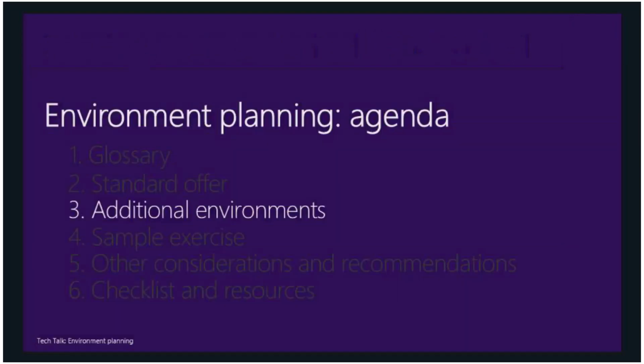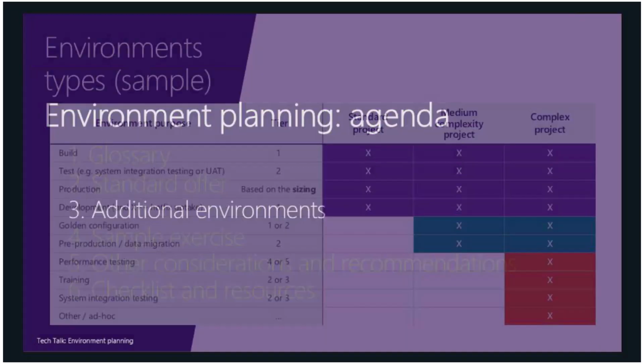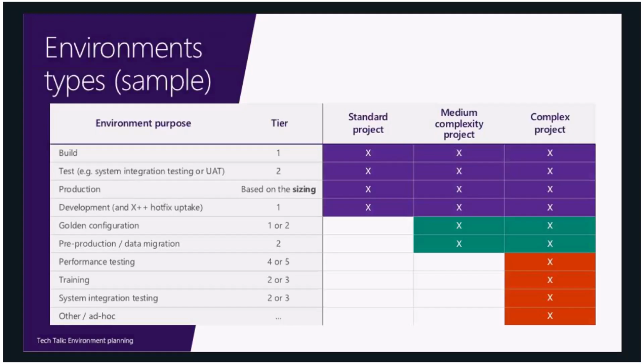So free environments are not always sufficient. I would say it's primarily for the small projects. What happens if you want more? If you need additional environments to do, for example, the tracking of your configuration, specific work on the data migration, on performance testing, on training, and so on.